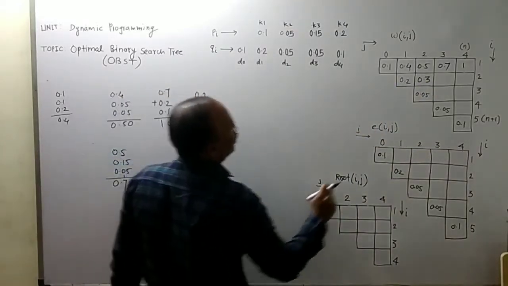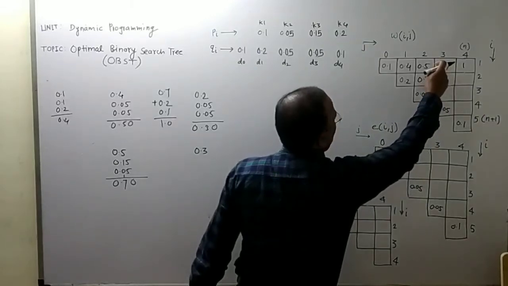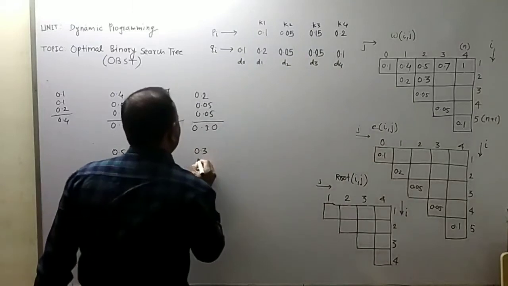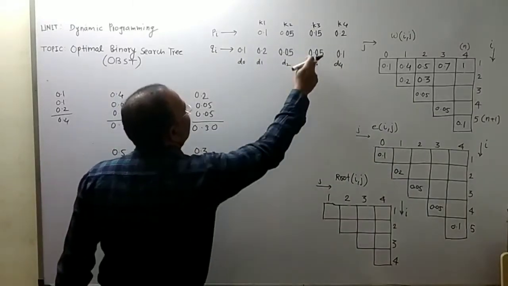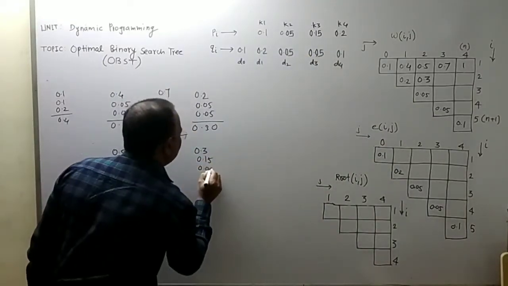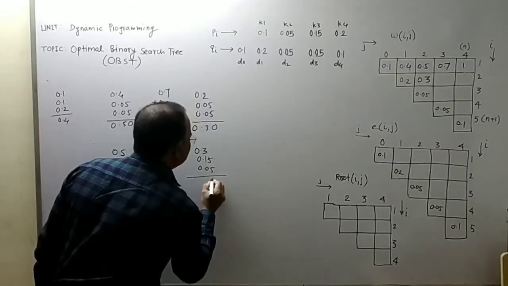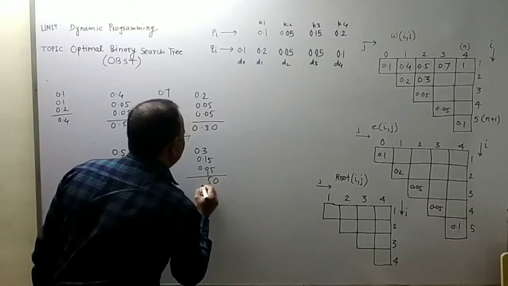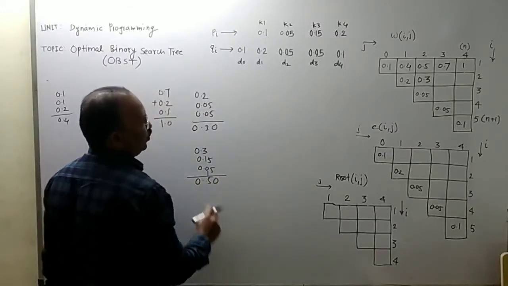Then take the probabilities of K3 and D3, 0.15 and 0.05. It comes to 0.5.